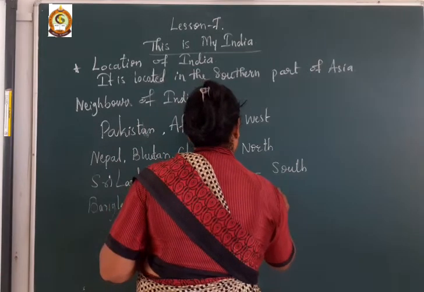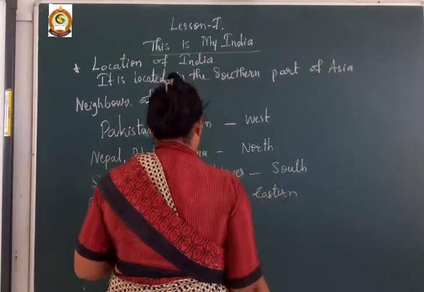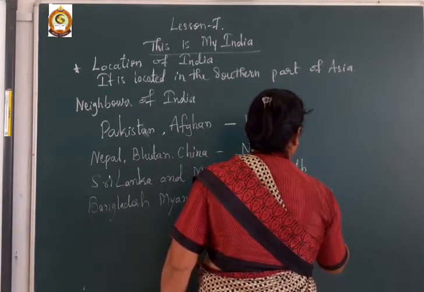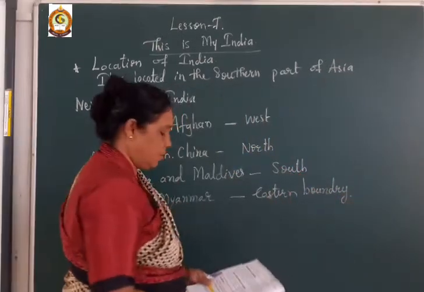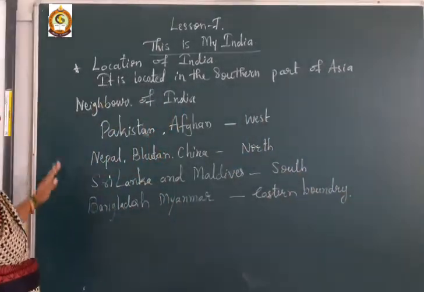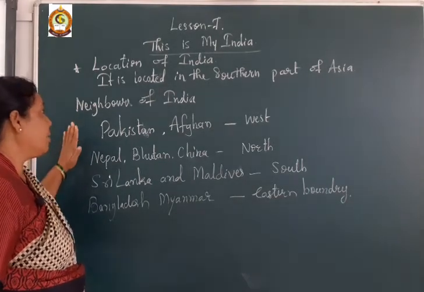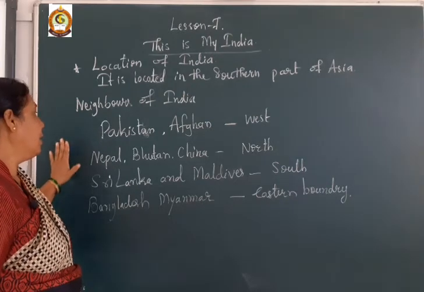And eastern boundary. Understand, dear students? So, these are the neighboring countries of our country India. Pakistan and Afghanistan lie to the west of the country.